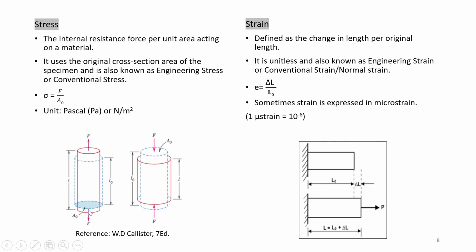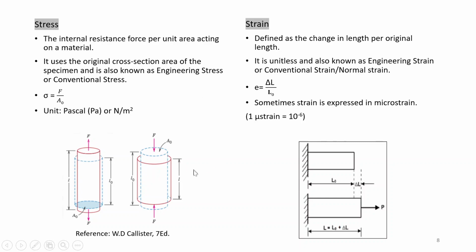Now in this cylindrical rod, you can see if you are applying force, the original length L naught will change into final length l. If you are applying compressive force, then also it will change its initial length to a final length.